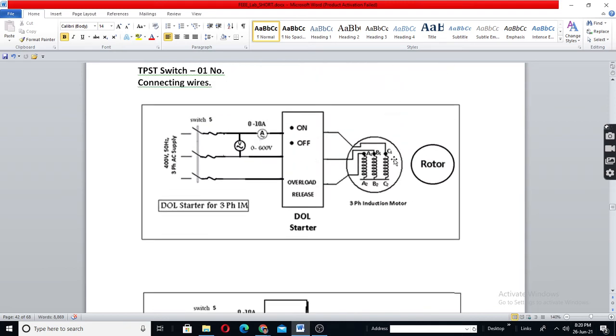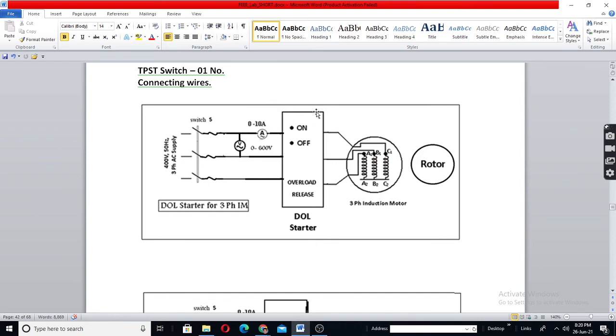If the stator magnetic field is rotating clockwise, the rotor also will rotate clockwise. When you interchange here, the stator magnetic field will rotate anti-clockwise. Then the rotor also will rotate anti-clockwise. Okay, right.